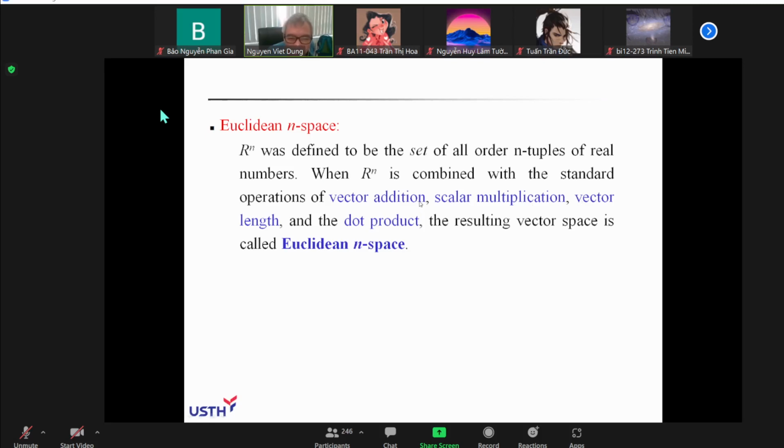Now the n space Rn together with those operations, and together with vector length and the dot product, will be called the Euclidean n space, không gian Euclid n chiều. That is Rn together with vector addition, scalar multiplication, the length, and the dot product. So we have many things like that.